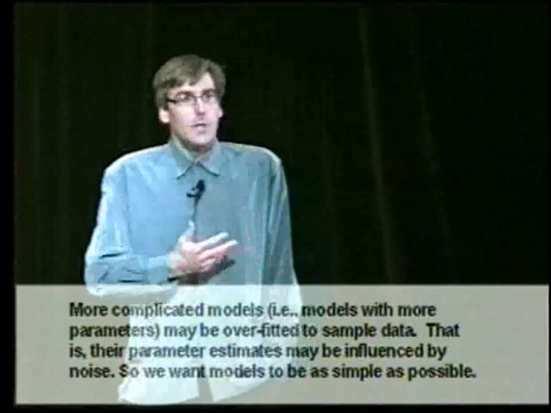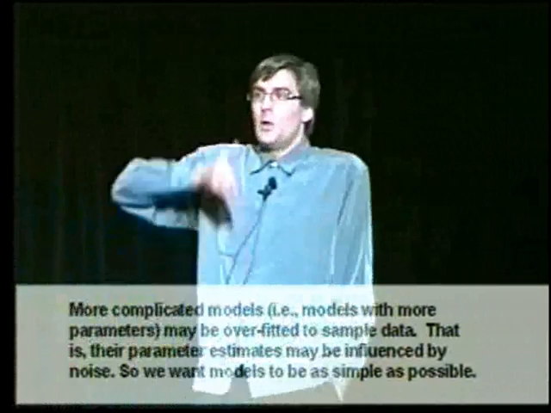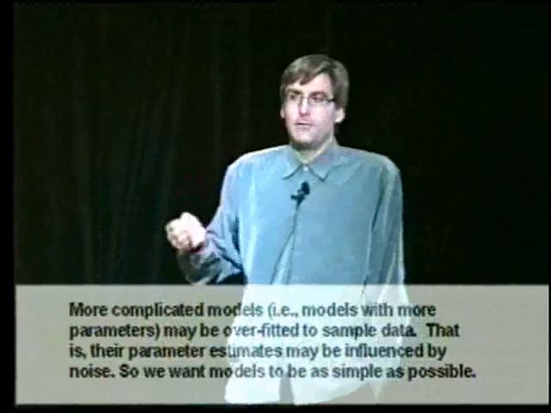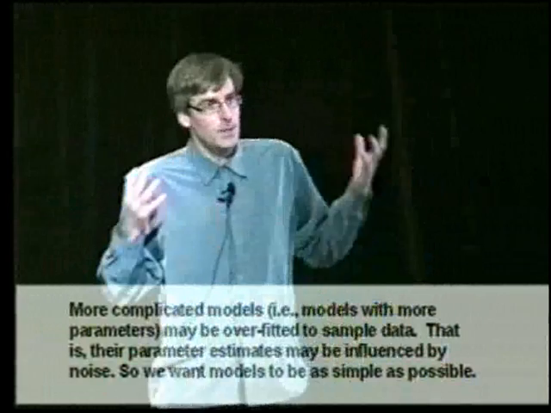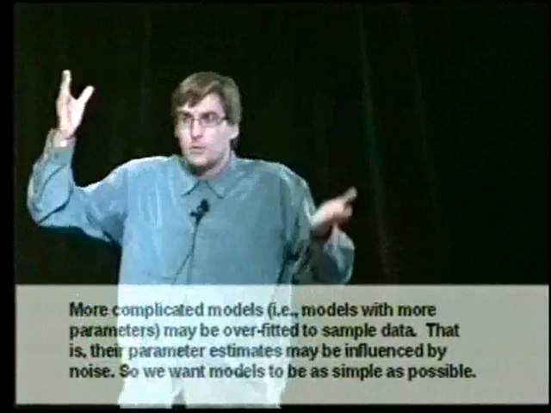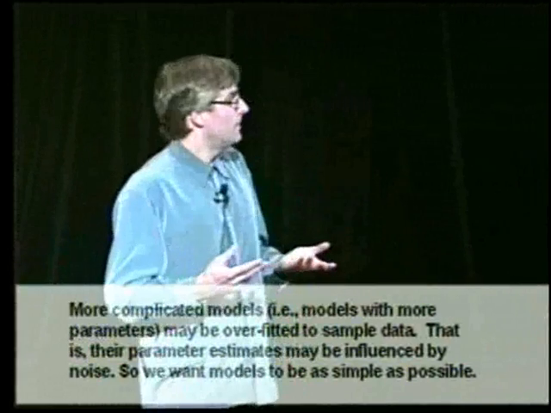In this example, we had a population of 20,000, a sample of 200. There were some peaks and valleys in our sample that were not representative of the population. Because of the additional flexibility of the 45-bin model with all of its parameters, those parameters were reacting to the unsystematic variation in our sample.